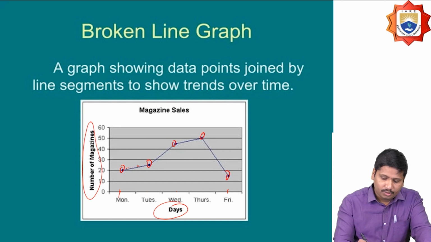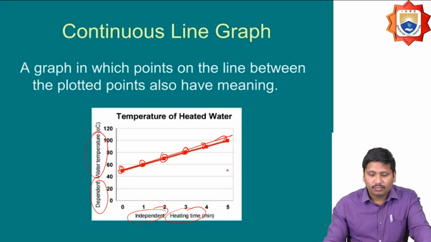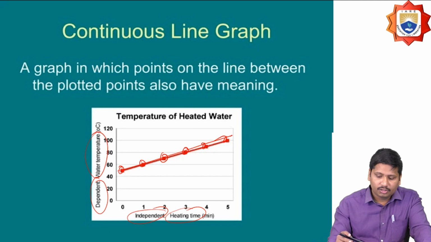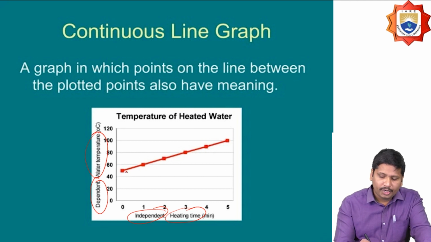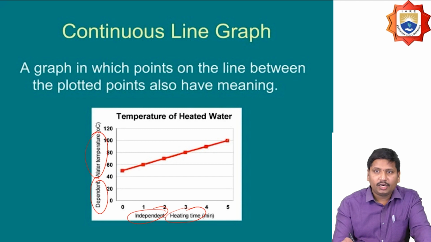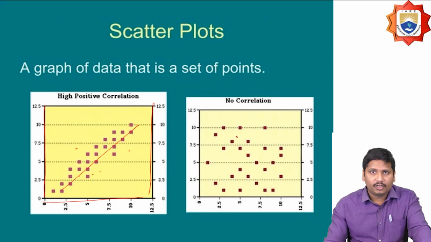That should be the broken line graph. Similarly, the continuous line graph: once the dots are obtained, they are joined by a straight line. That is what we call a continuous line.